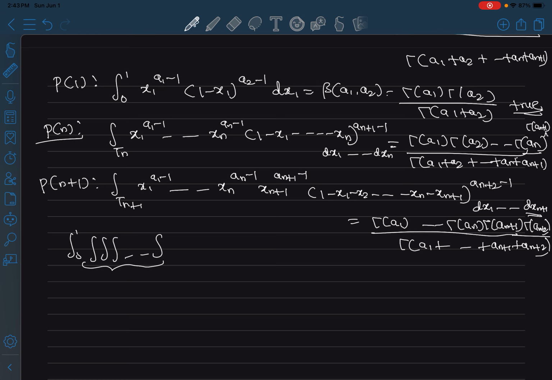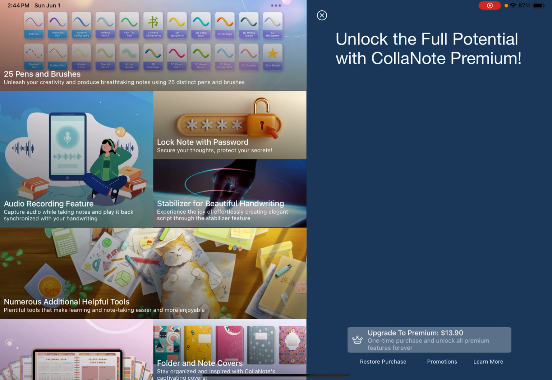I think it will be from 0 to 1 minus xn, and then 0 to 1 minus xn minus x_{n-1}, something like that. According to that, all the limits are there. I'm just trying to show you that the first one will be 0 to 1, so x_{n+1} is going from 0 to 1.